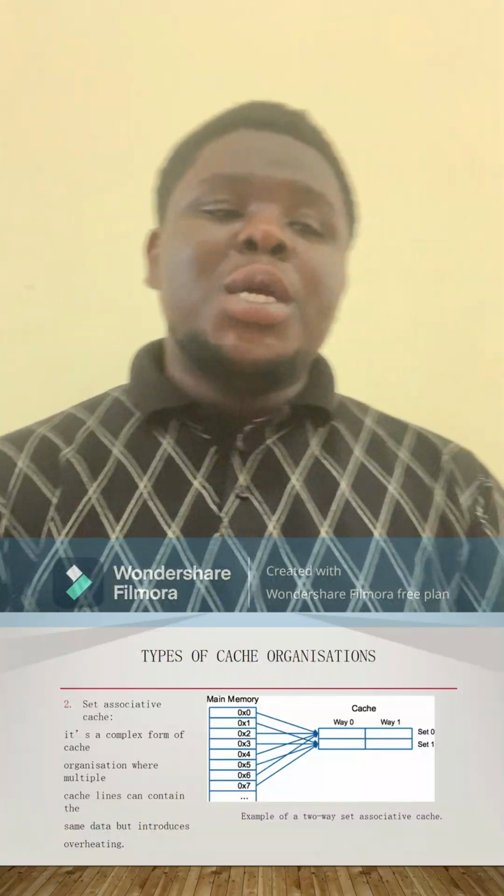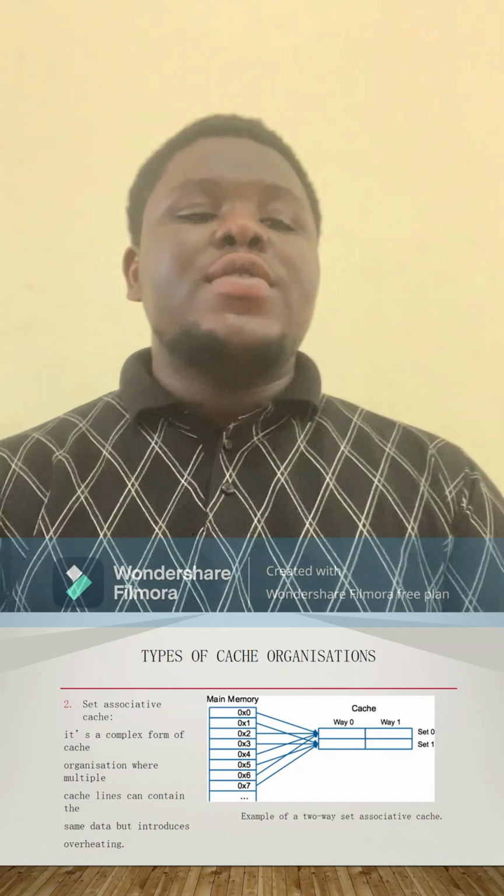Direct mapped cache is useful for small caches and simple systems. Even though the direct mapped cache has all these benefits, one of its negative aspects is that it suffers from cache conflicts.